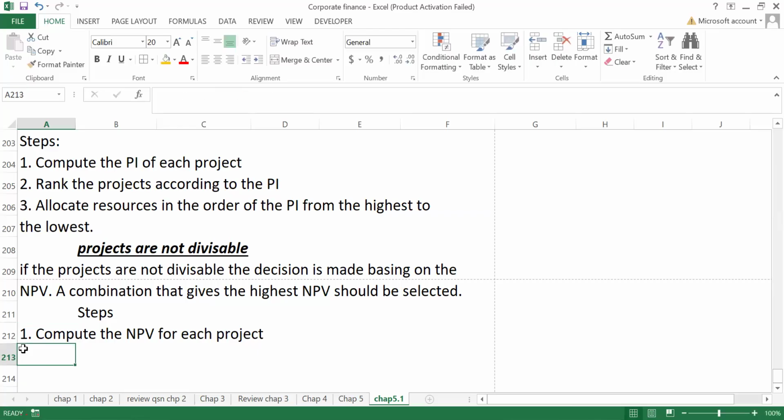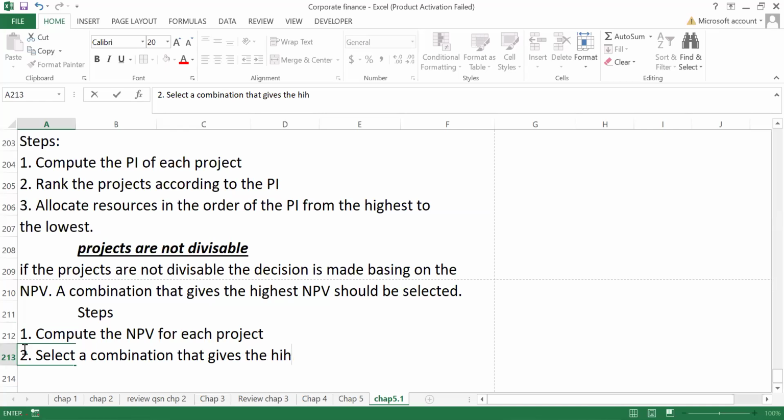Then step number 2, select a combination that gives the highest NPV and exhaust the resources as much as possible.